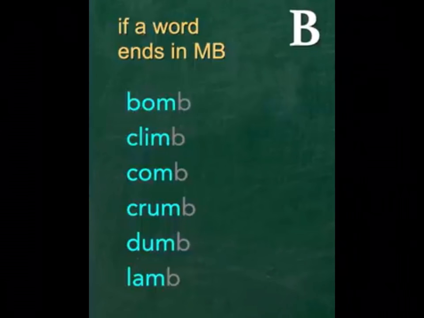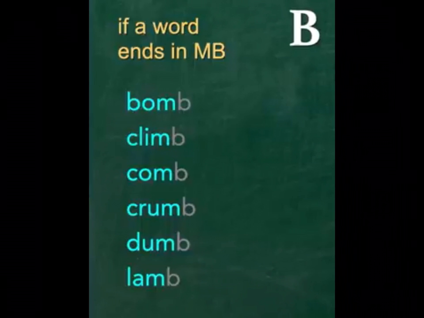Now, moving to letter B. We don't usually pronounce the B if it's after M at the end of a word. For example, bomb. We don't say bomb. We have climb. We don't say climb, so the B is silent. Comb.